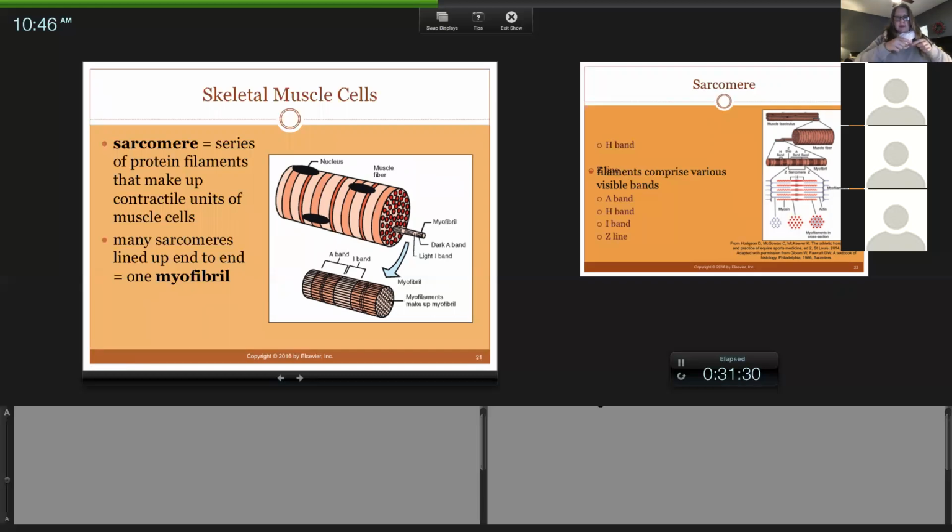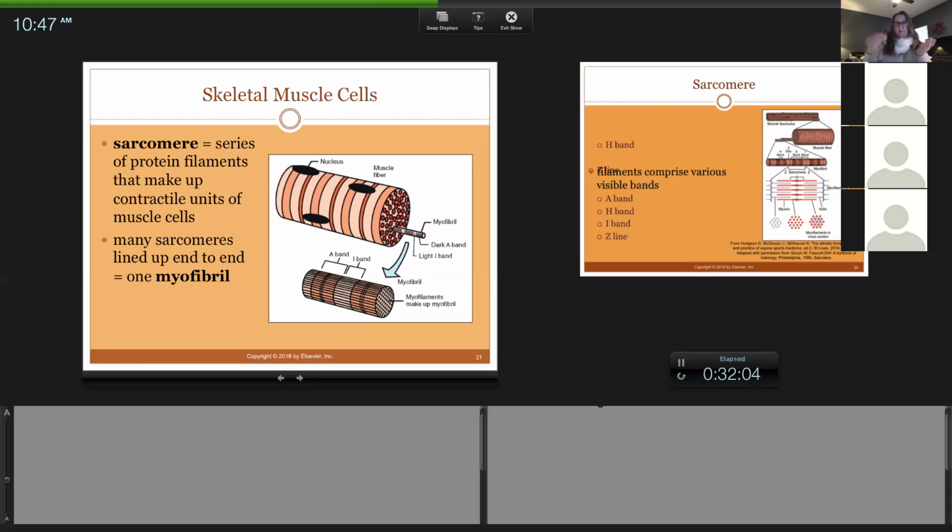If I line up 1 can as 1 sarcomere, and I line up 4 sarcomeres or 4 cans, they make 1 fiber. So think about these little cylinders like a sarcomere, and then you line them up end on end, and they make 1 myofibril. And then many myofibrils are joined together to make the whole muscle.